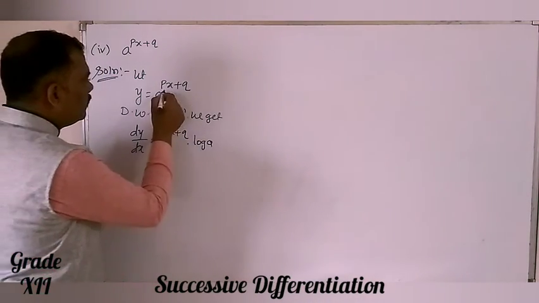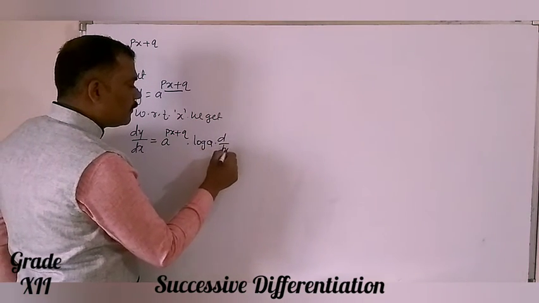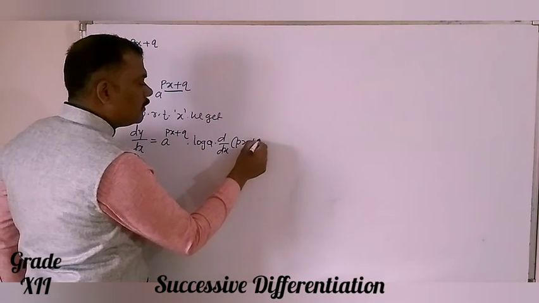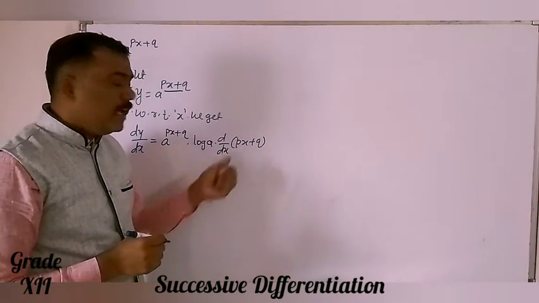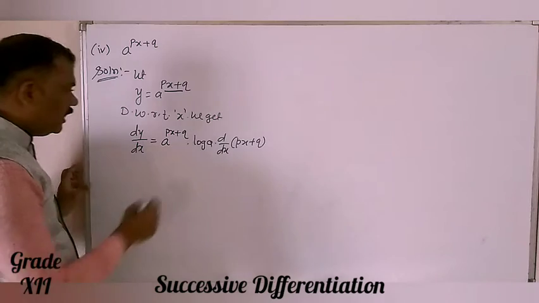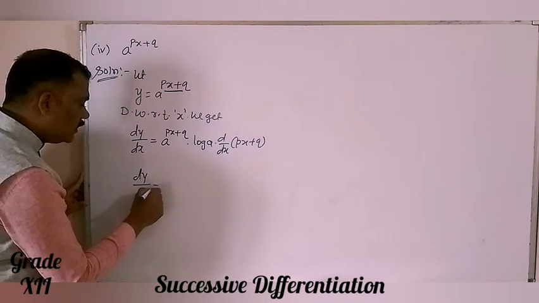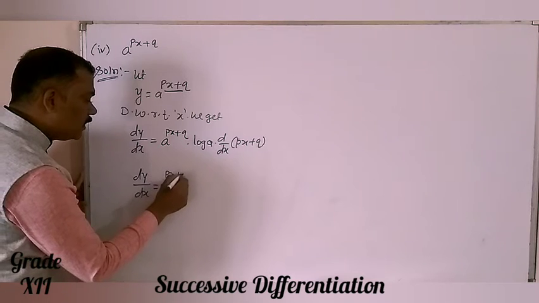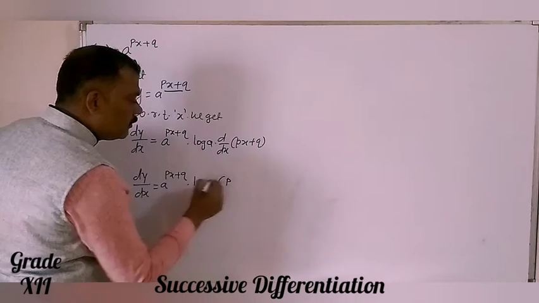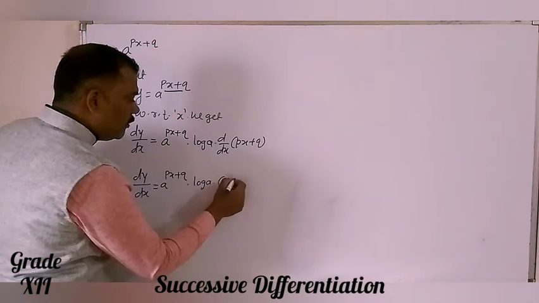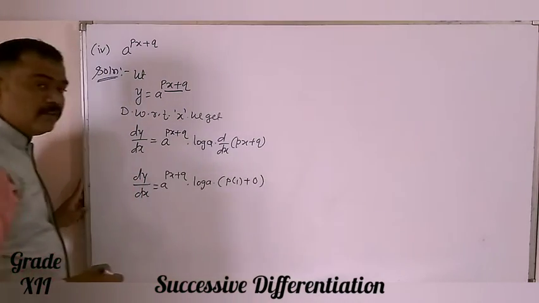Then we take the derivative of px plus q, that is, into d dx of px plus q. In the previous example, we already took the derivative of ax plus b. Similarly, we take the derivative of px plus q. So dy by dx is equal to a raised to px plus q into log of a into p, where p is a constant, so we take it outside the derivative. Differentiation of x with respect to x is 1, and q is a constant, so its derivative is 0.